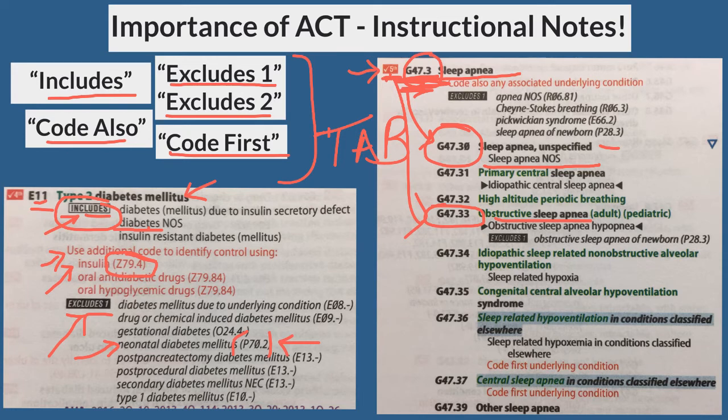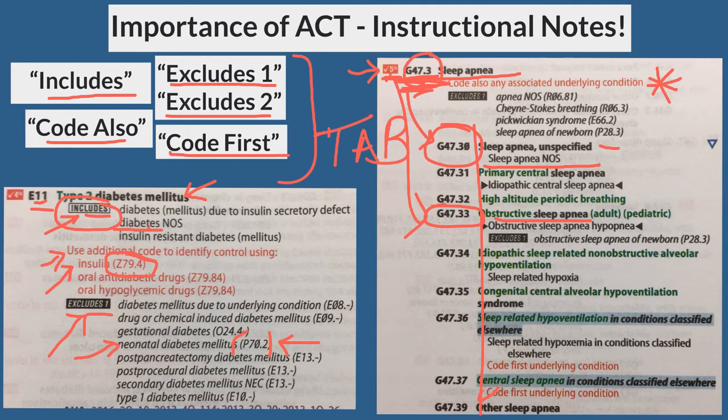Also note that there is a code also note here for any of these G47.3 codes. Code also any associated underlying condition. So perhaps the patient has COPD, also documented as an associated underlying condition by the physician.